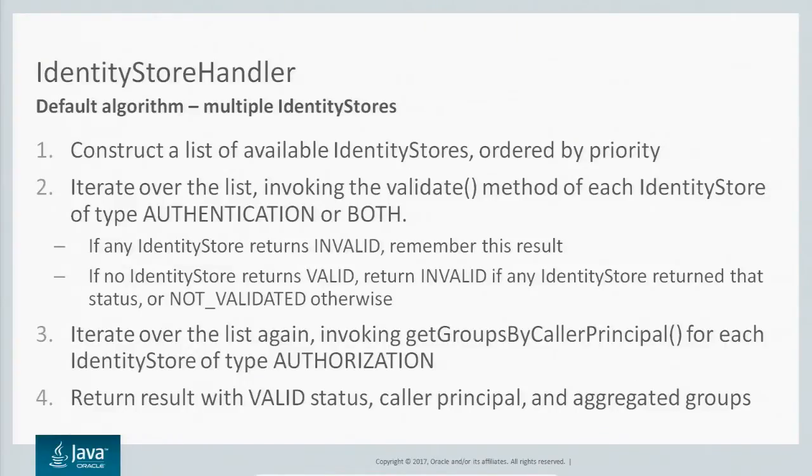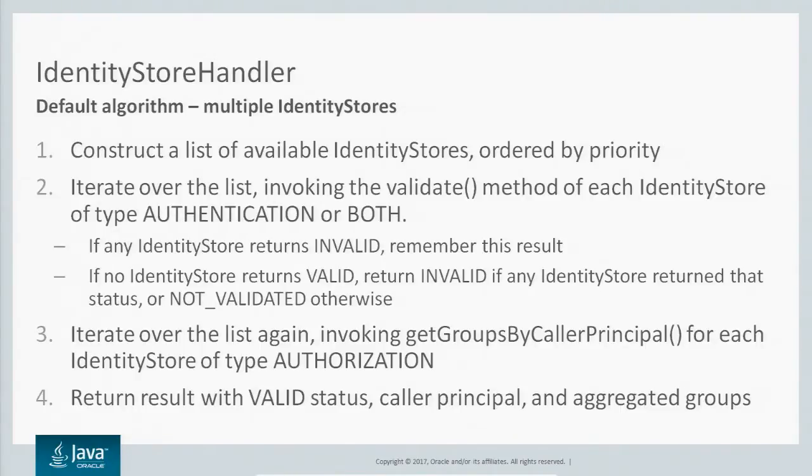The second pass is over the identity stores that declared themselves to be type authorization. So by definition, it's only the ones that we have not yet invoked. The idea is that you might authenticate credentials against one store, but then fetch user attributes from a different store.